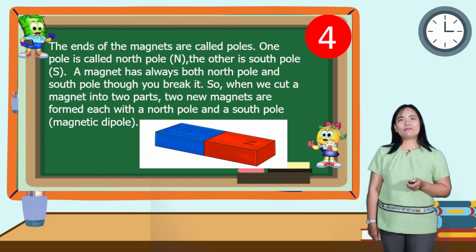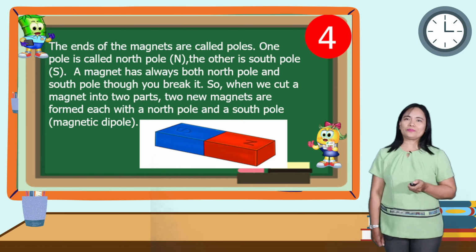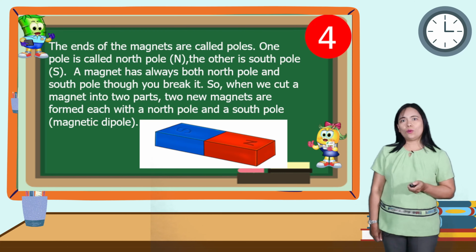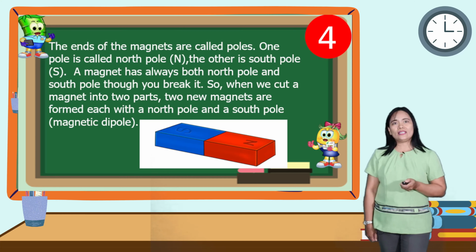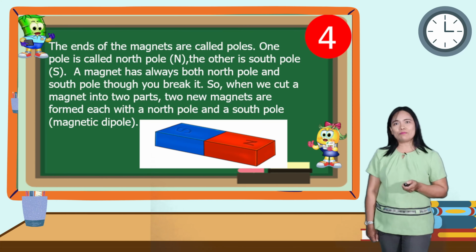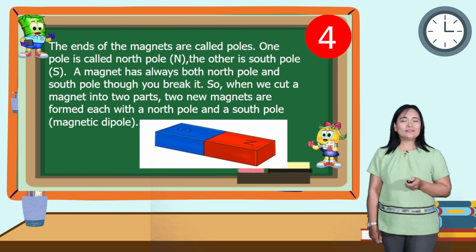The ends of the magnets are called poles. One pole is called North Pole with N symbol. The other is South Pole with S symbol. A magnet has always both North Pole and South Pole, though you break it.